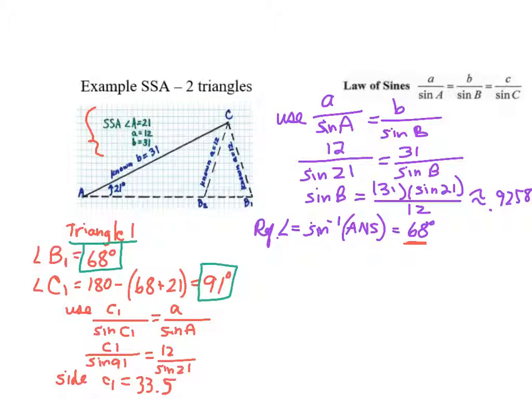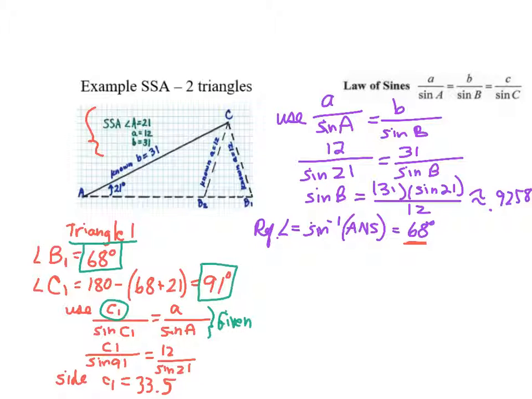And then we're trying to find little side C, so we're going to use C over sine of C1 that we just found equals A over sine of A. This is given information. You want to make sure you go back to the givens when you can. And then when we solve that, we get little side C equals 33.5. Just verify that for yourself.